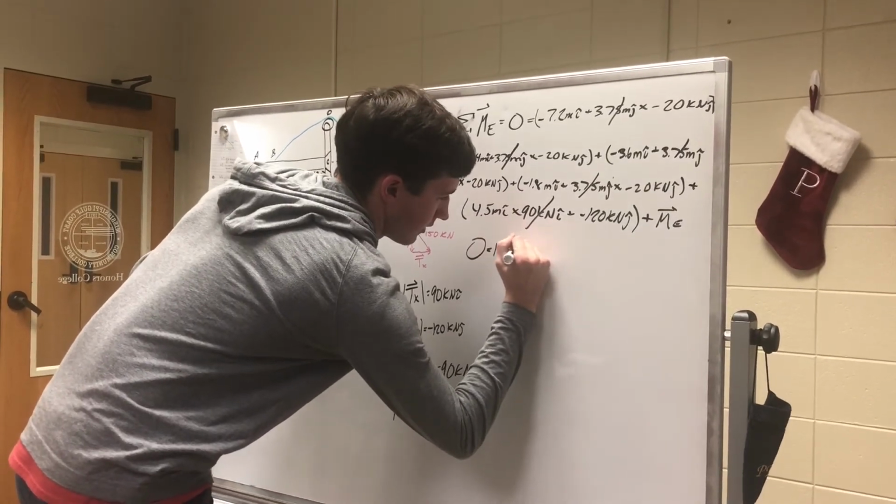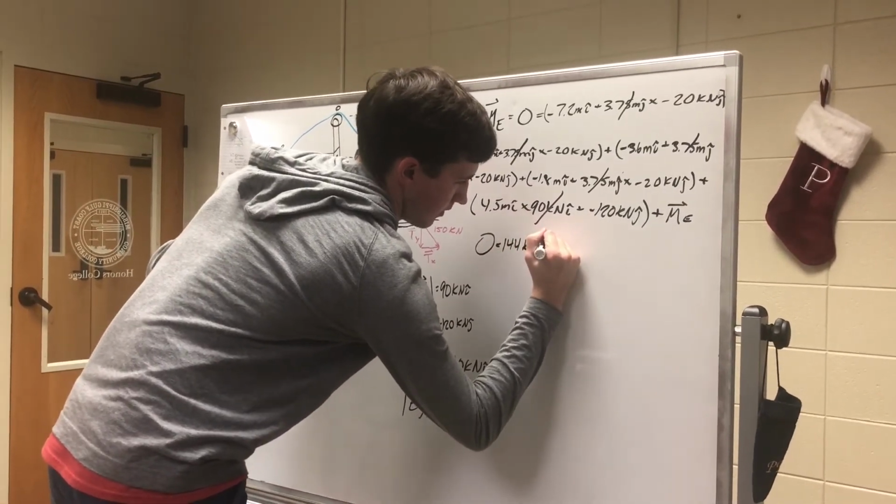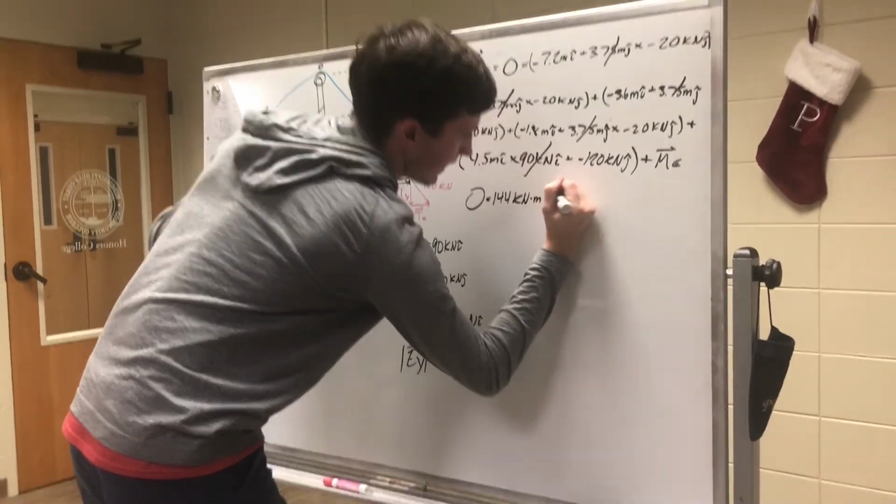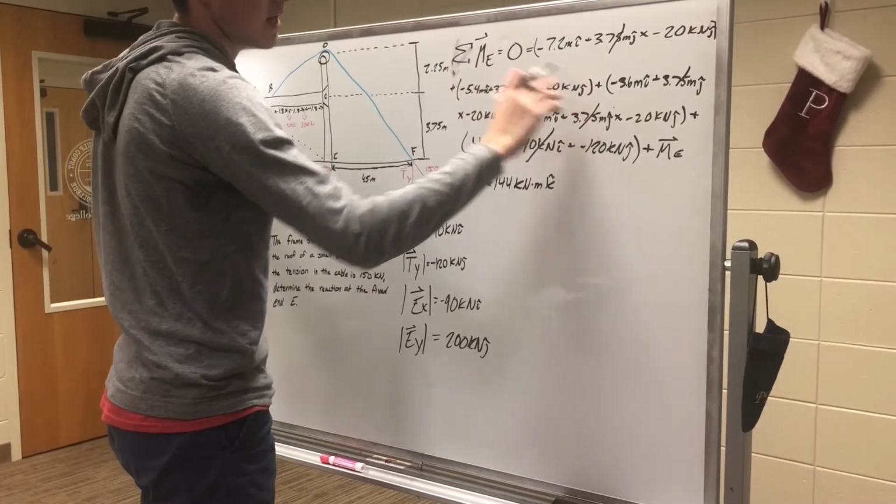144 kilonewton meters K hat, and that's from an I hat crossed with a J hat equals a K hat.